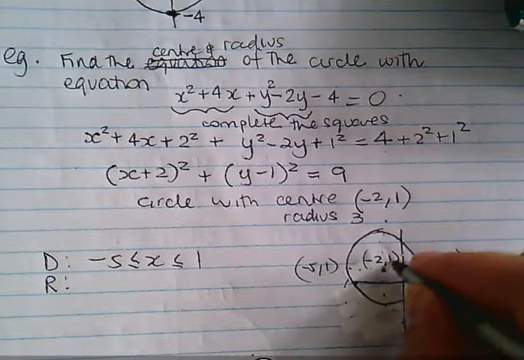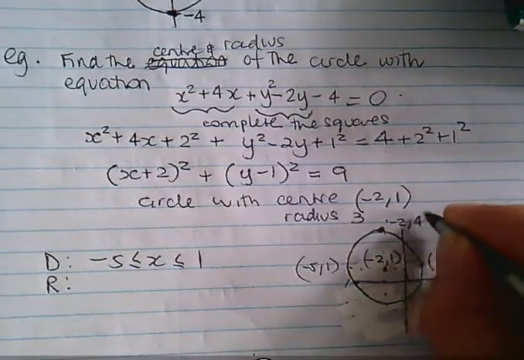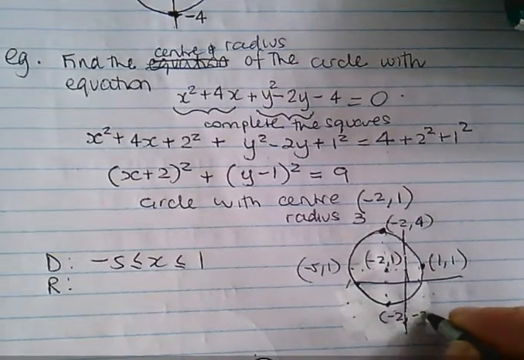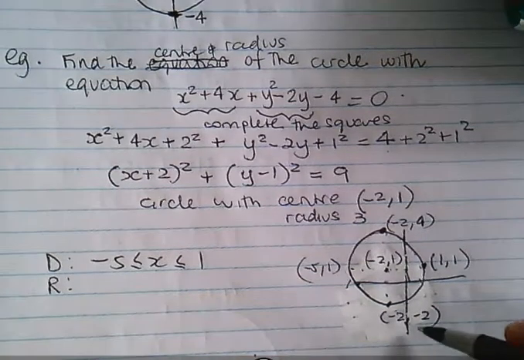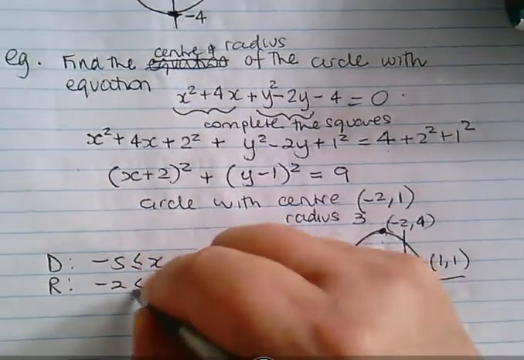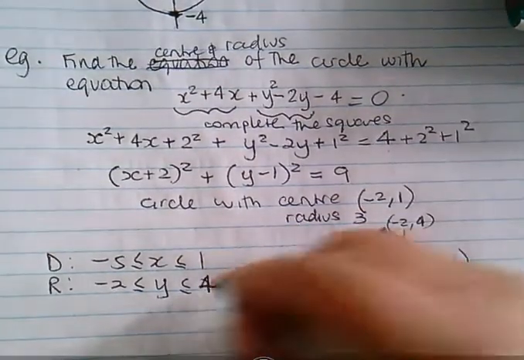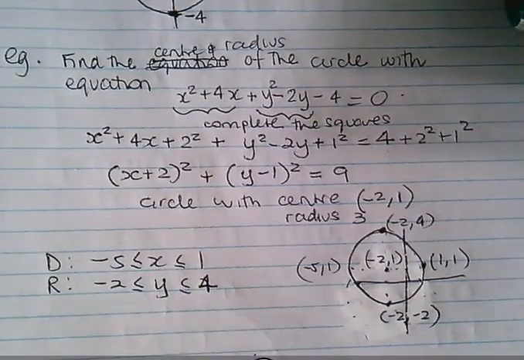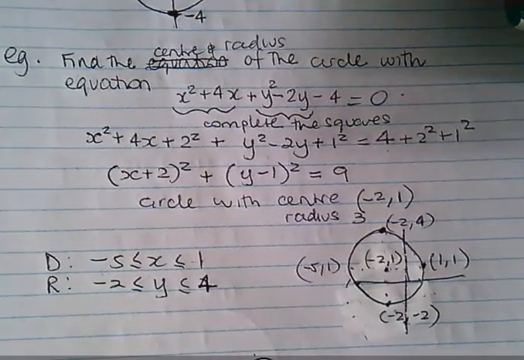And the range: look at the y values, add 3 to the 1 and you get 4, and subtract 3 from the 1 and you get -2. All good? So -2 is less than or equal to y, less than or equal to 4. Make sure there's 6 units between them: 3 up, 3 down, 3 left, 3 right. See how there's a difference of 6 and a difference of 6?